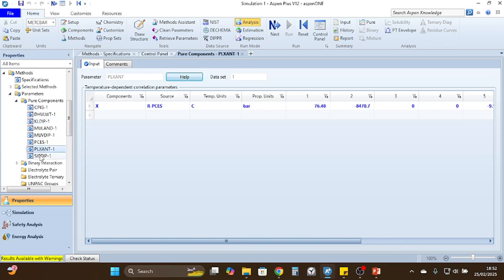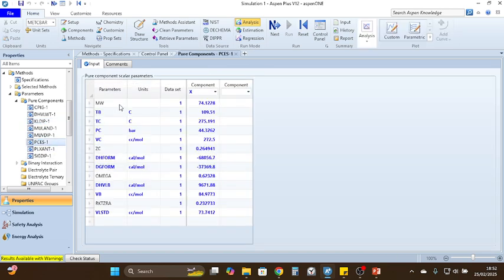If you come over here, then the molecular weight, the boiling point, the critical temperature, the critical pressure are all given based only on the molecular structure that we have given. And you can see that these values are retrieved through this RPCAS system.